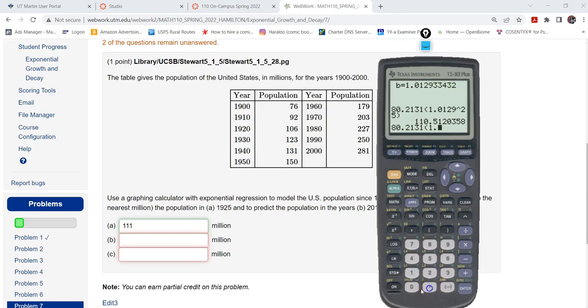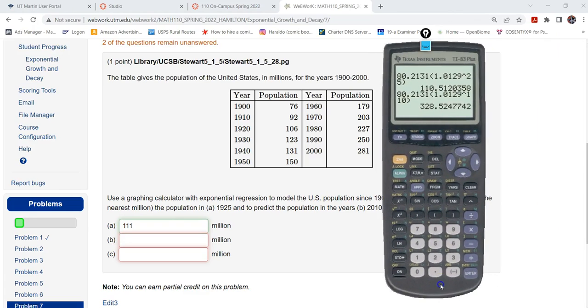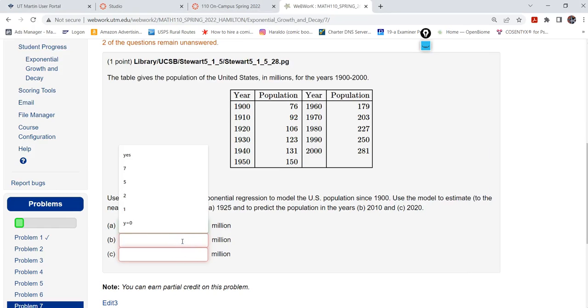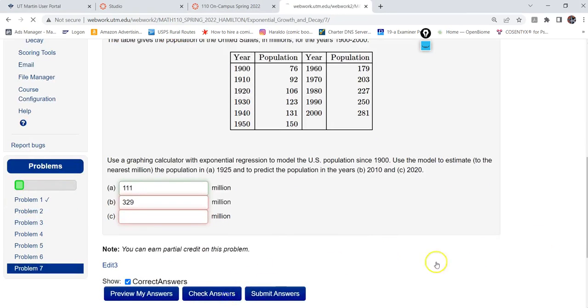So in the year 2010, the population should be that, and that rounds to the nearest million, 329 million. Let's see how it likes that one.